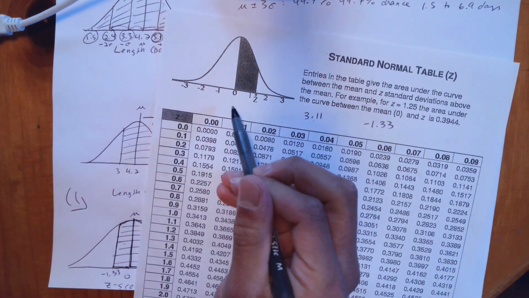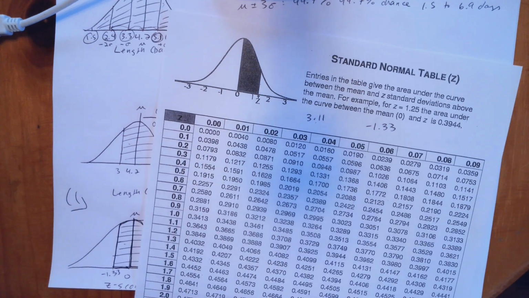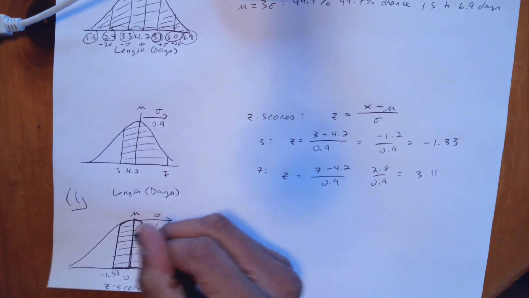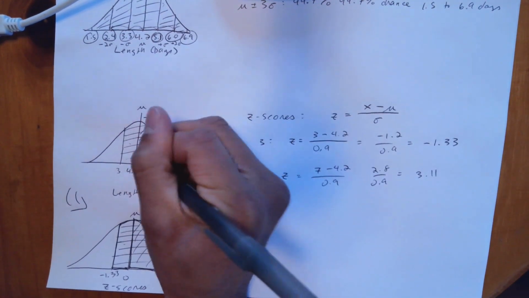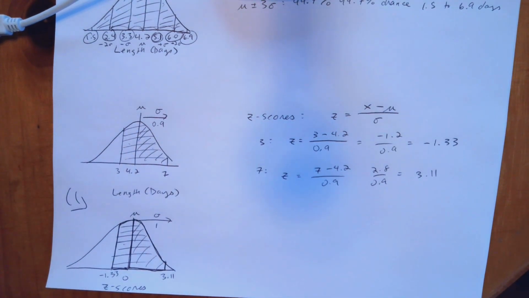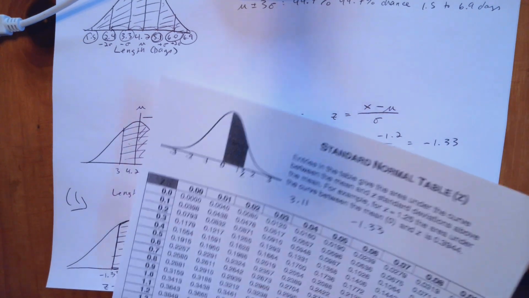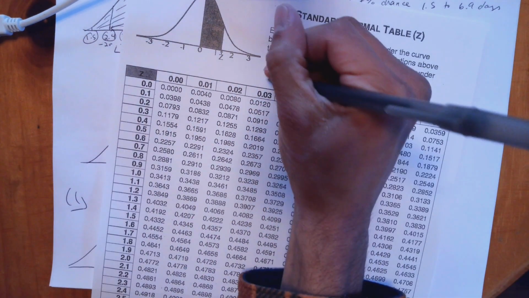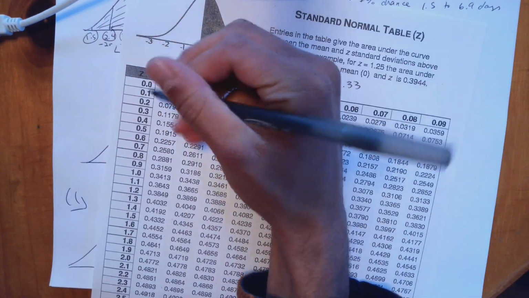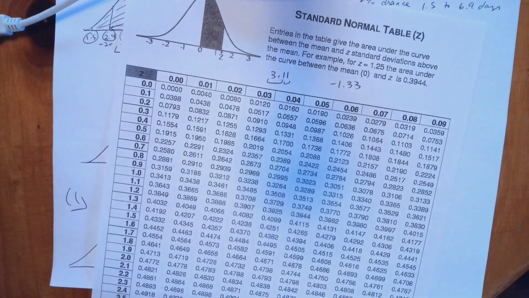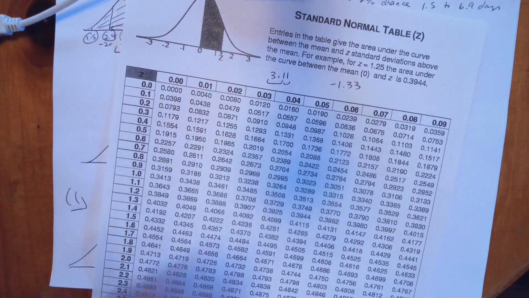So the area under the curve between 0 and a z-score of 3.11, in other words, the area under the curve on this positive or right side of our graph, on the right side of the mean, we'll find by looking up 3.1 going down this column and 0.01 going along the row here.